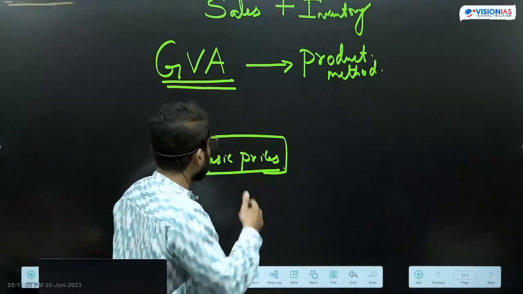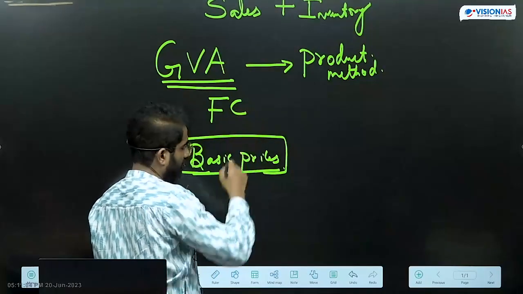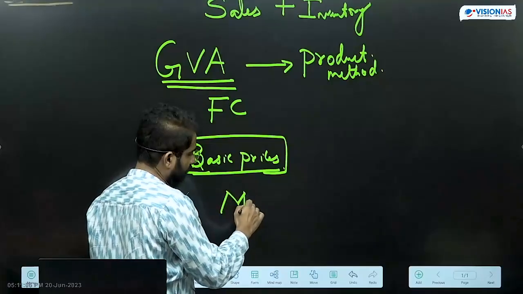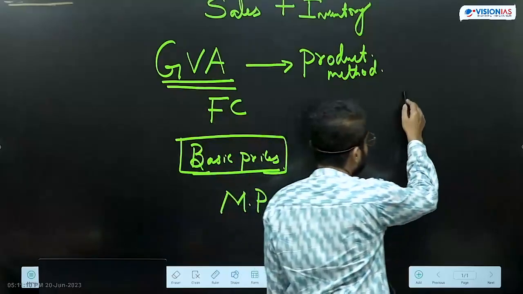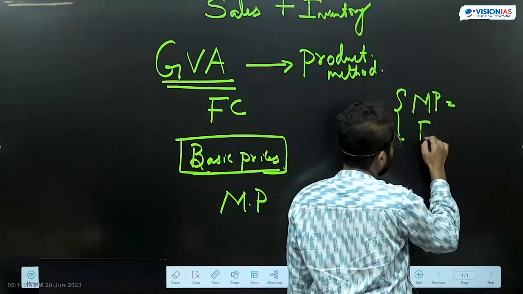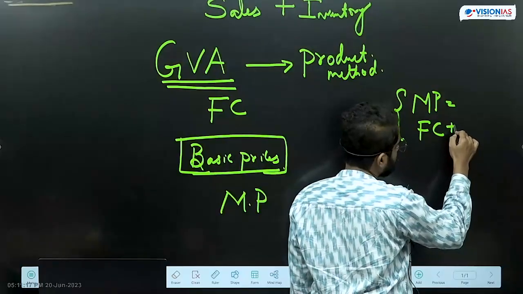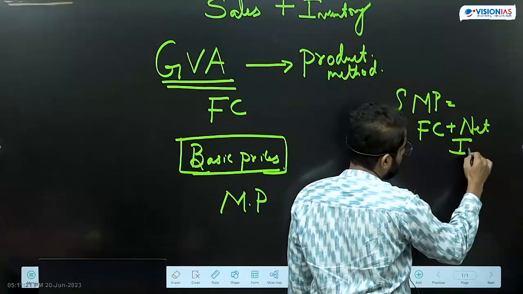See here, we all know about factor cost, and we have also understood about market prices. And you remember we have written a formula: market price is equal to factor cost plus net indirect taxes.